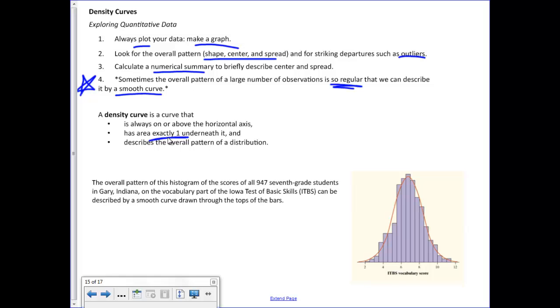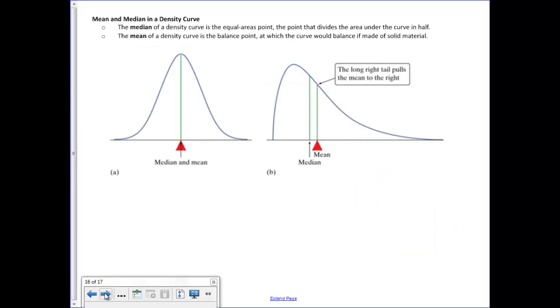So this always has an area of 1 under it. Suppose I take this extra piece that's sticking out of the top here. I could smush it and squeeze it and rework it, and these purple bars that are outside of the curve would fill in this white space that's not accounted for there. Okay? If the data is symmetrical, you guys have seen this, median and mean are in the exact same location.